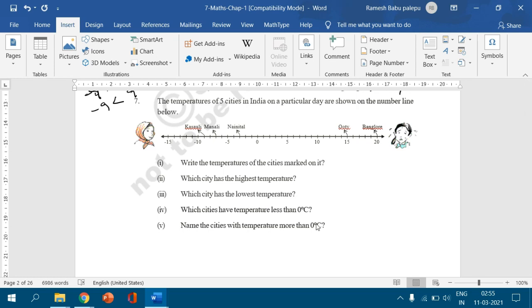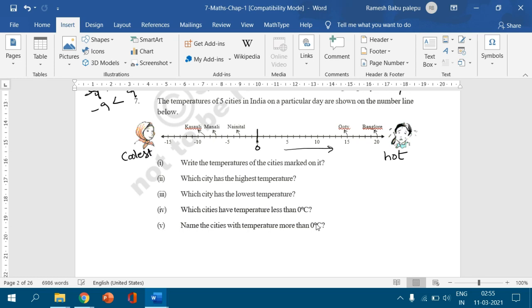So some of the cities on the right side of the 0, these are the hot because the values of the temperature is gradually increasing. So on the rightmost side, these are the hot cities. Here the values are gradually decreasing. That means temperature is decreasing. These are the coolest cities.